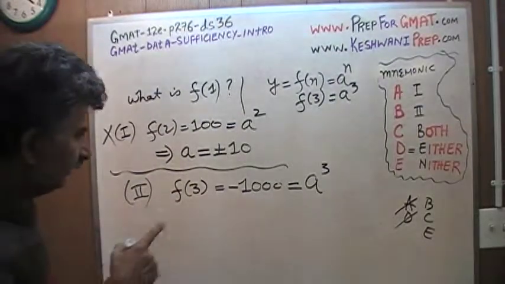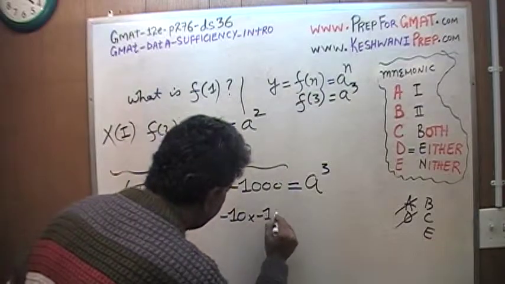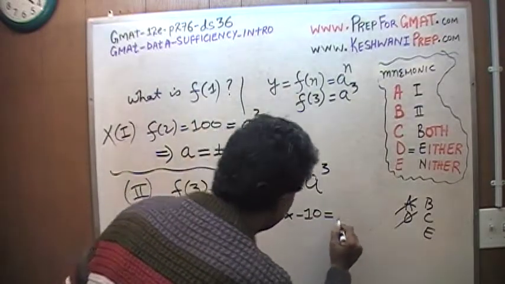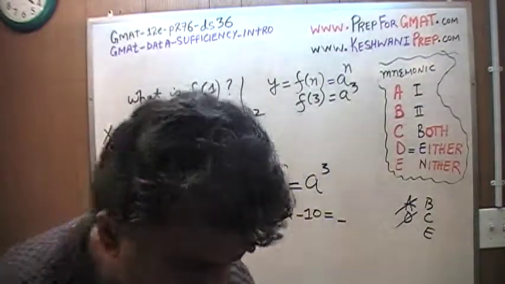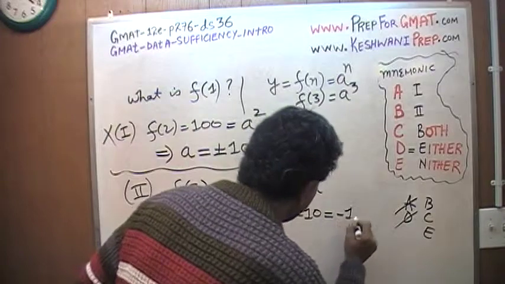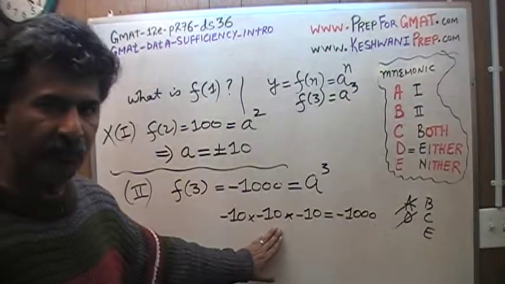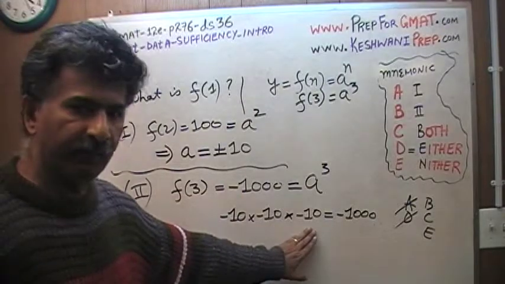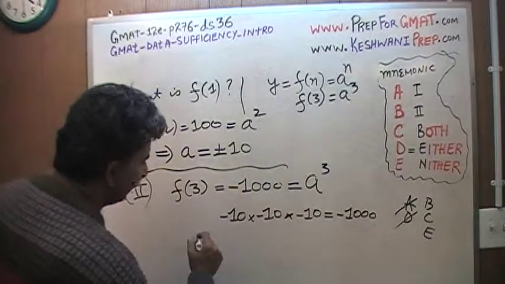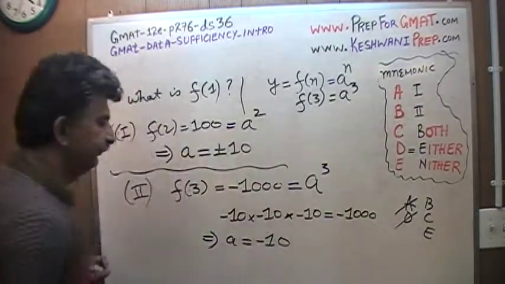That tells us that a must be negative 10 times negative 10 times negative 10 equals negative 1000. You see? Negative 10 times negative 10 is positive 100, and positive 100 times negative 10 would be negative 1000. So this equation implies that a must be negative 10.